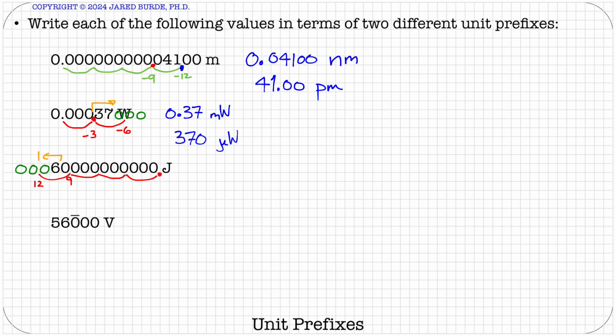I could put my decimal point here, basically, which would give me 60, and then that would be gigajoules. Or if I put my decimal point over here with my 10 to the 12, that would be 0.06, and that would be petajoules.